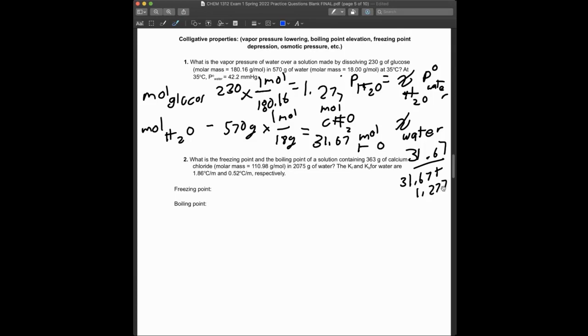I'll give you all a second to do that math. When I plug this into my calculator, the mole fraction of water is going to be 0.9612.